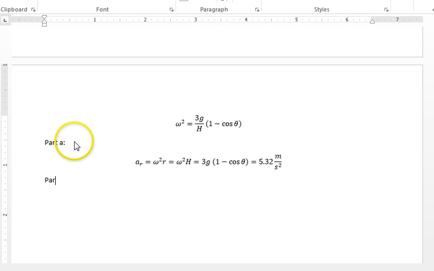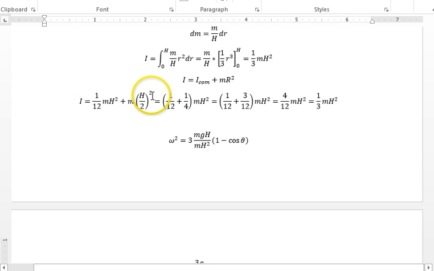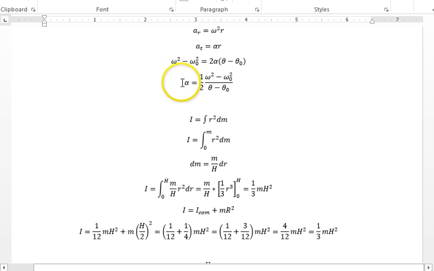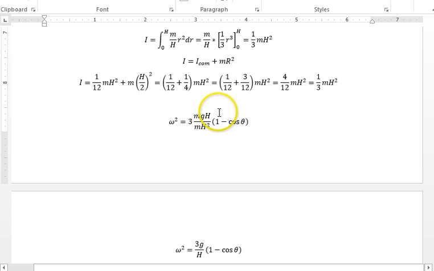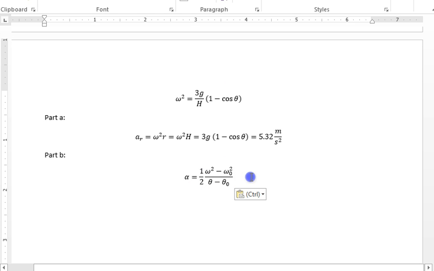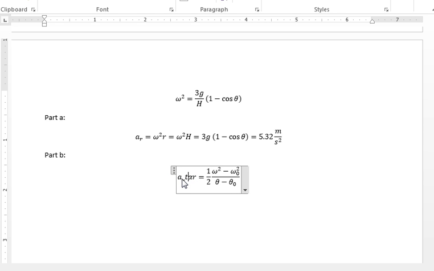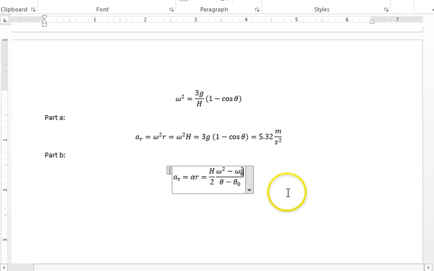Okay, part B. So part B is a little more complicated. We've got alpha, and we want alpha r, the tangential acceleration, a_t equals alpha r, where r equals h over 2. So a_t is h over 2 times omega squared minus omega naught squared, divided by theta.